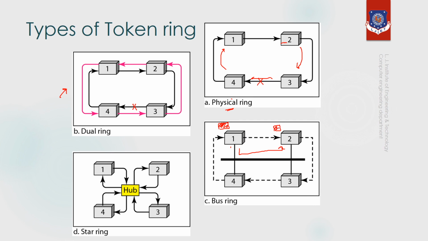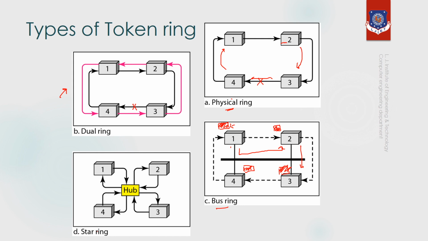When device 2 receives the token, it will send data and this token will be passed to device 3. And when device 3 receives the token, it will send data and after sending data, the token will be passed to device 4. Right? So all the communication is happening one by one using the token. That is why it is called bus ring.